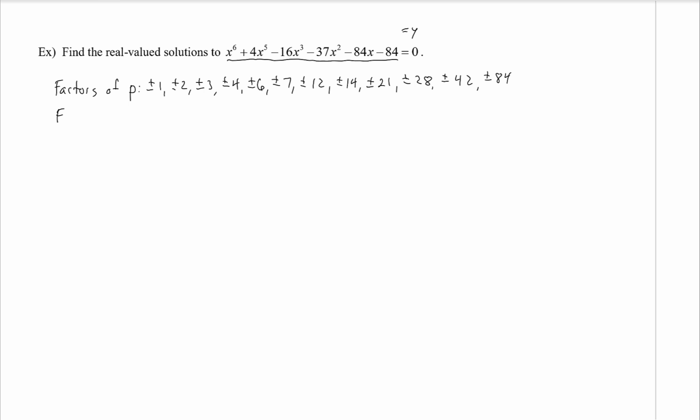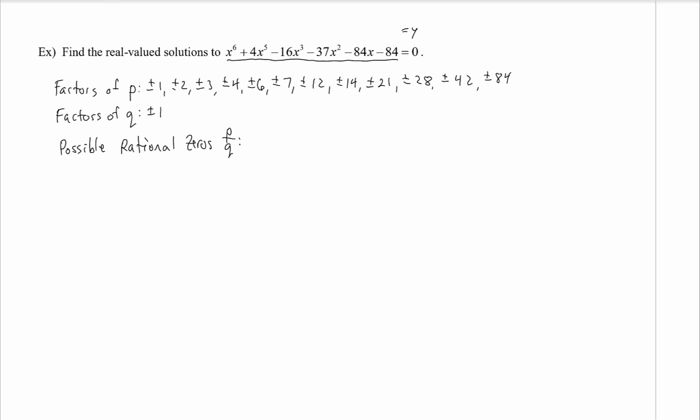And then our factors of q. Well, the leading coefficient is just 1. So that's handy. So my possible rational zeros, which we just take all the p values and divide by all the q values, but q is just 1.